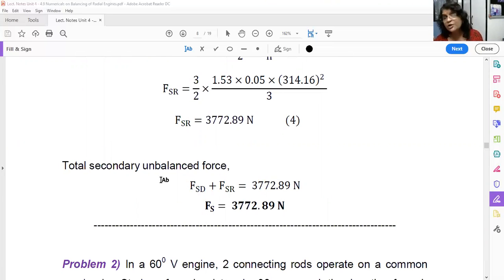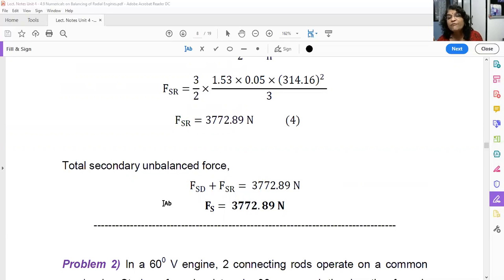Understood? Is it not a very easy method? You don't have to draw any couple polygon or force polygon. That means if you have studied how to balance a multi-cylinder inline engine, you had to draw 4 diagrams: primary force diagram, primary couple diagram, then secondary force diagram and secondary couple diagram.